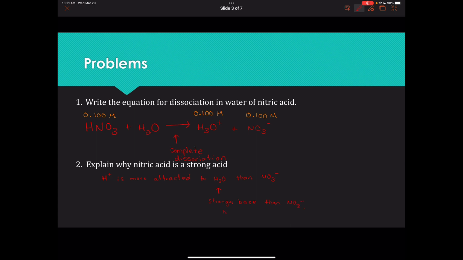It holds or accepts hydrogens better. As a result, this process isn't reversible. That nitrate is too weak to steal a hydrogen back off of that hydronium and reverse the reaction. And since that's the case, my nitrate stays completely dissociated. My water holds on to that hydrogen, keeping our hydronium around.